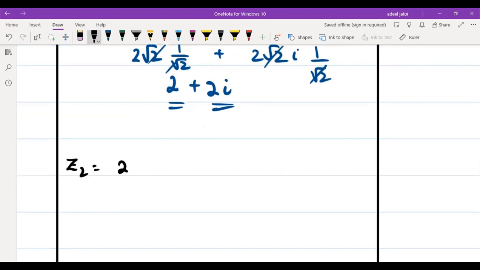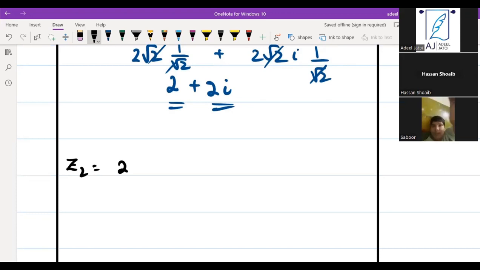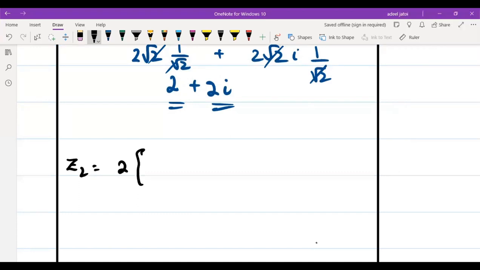Then let's work upon Z2. Z2 was 2 cos pi upon 6 pi plus iota sine pi upon 6 pi.